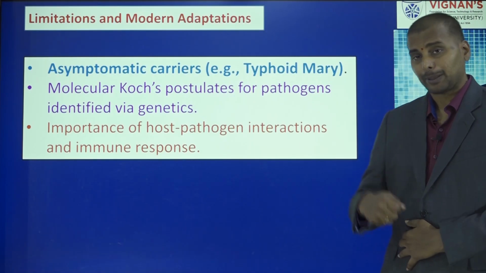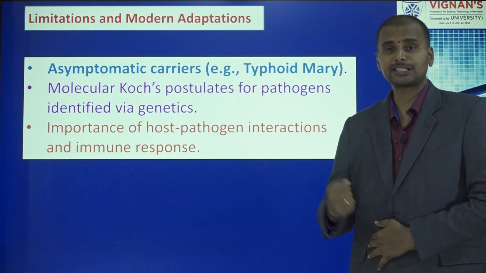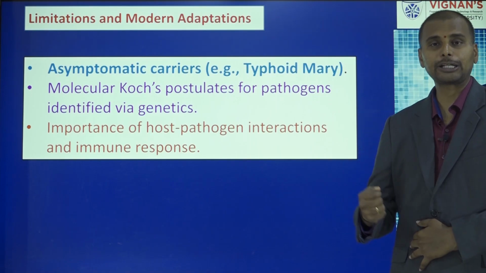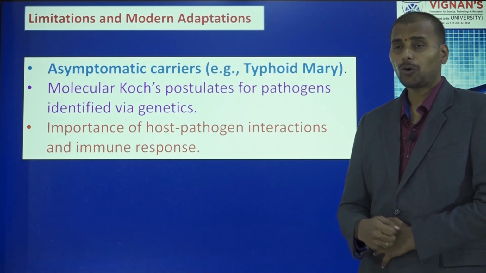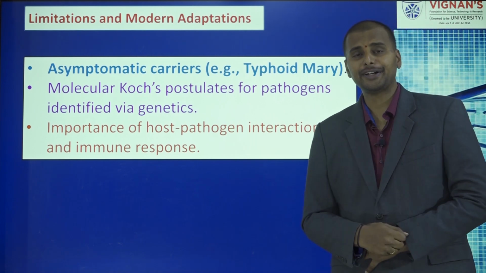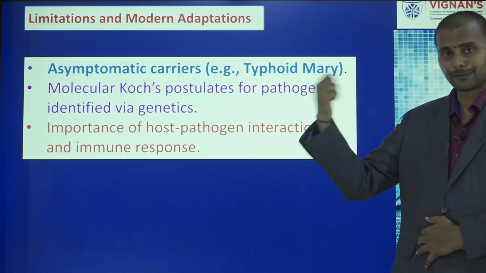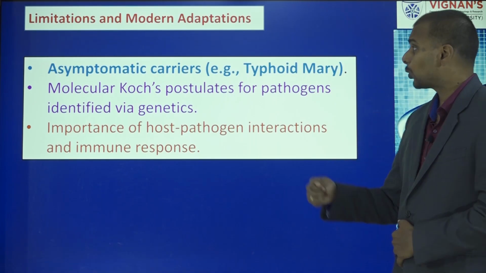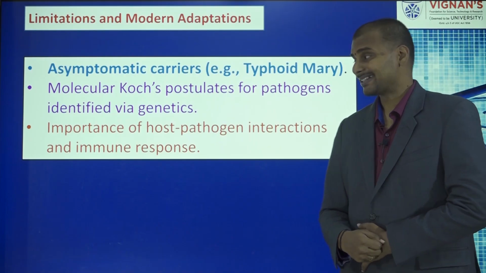Because of some immunological factors, if a person's immune system is strong, it can counteract that particular microorganism, so in that condition also, the person will not show any disease, but if it is transferred to another healthy, susceptible person, it can cause disease.